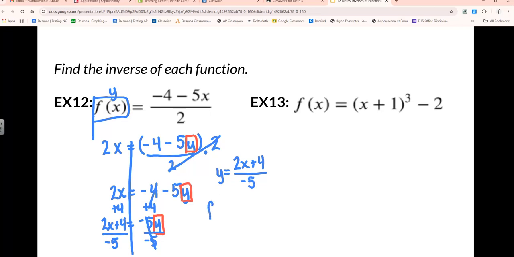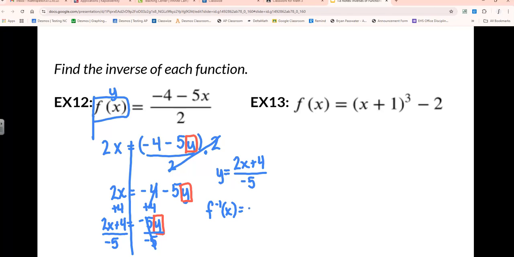And they usually will switch that back to inverse notation and make it f inverse of x instead of a y. Another thing they might do here is that negative right there that's in the bottom. Whenever you're dividing fractions, you can put the negative in the top, the bottom, or out front. You just can't put it all three places.